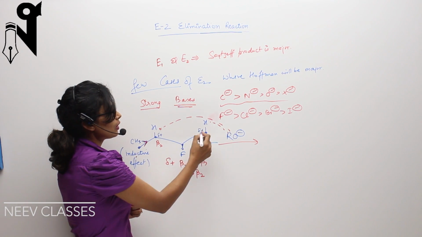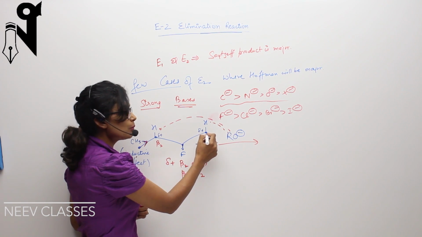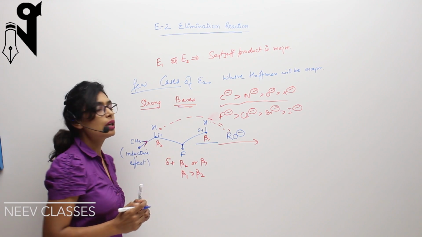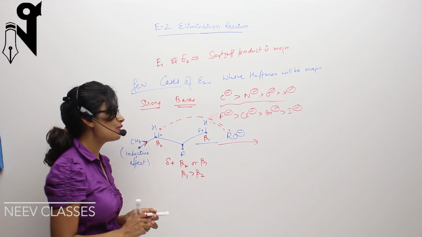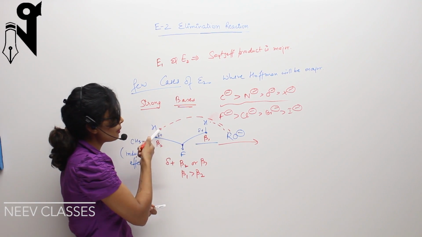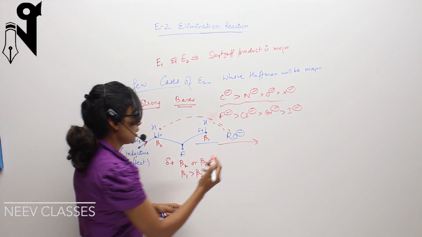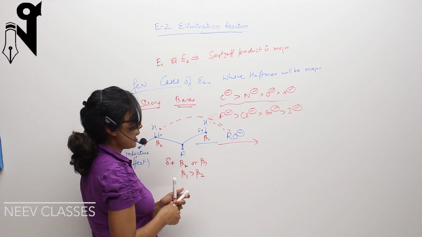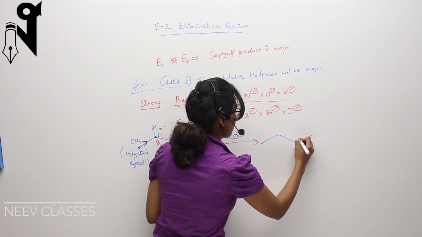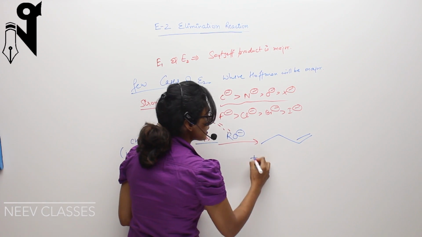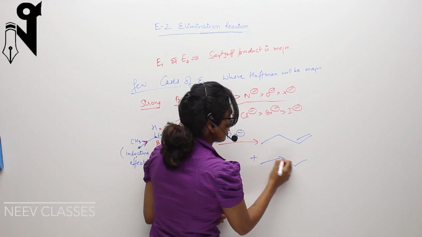So what will happen? Removal of hydrogen from the beta 1 position will be much faster than removal of hydrogen from the beta 2 position. So the base will be able to pull out this hydrogen faster as compared to this hydrogen, and hence the product formed by attack of the base will be this as major as compared to this.